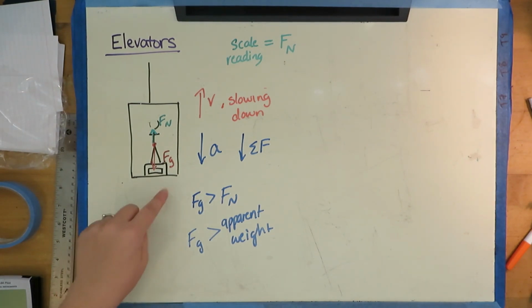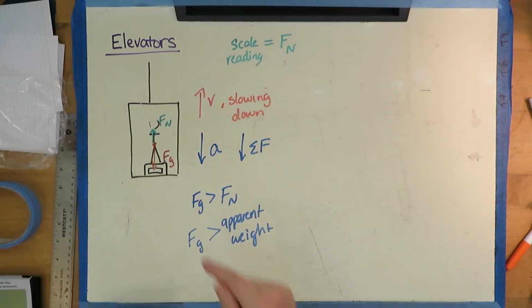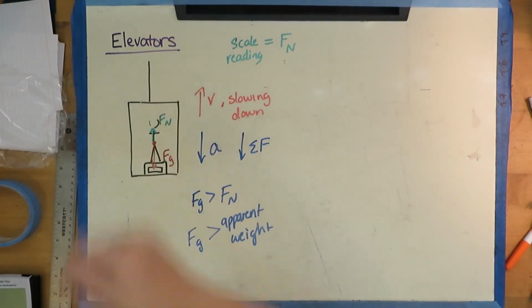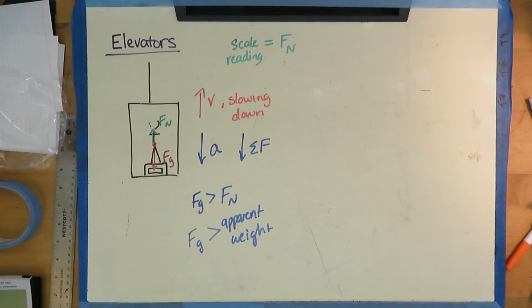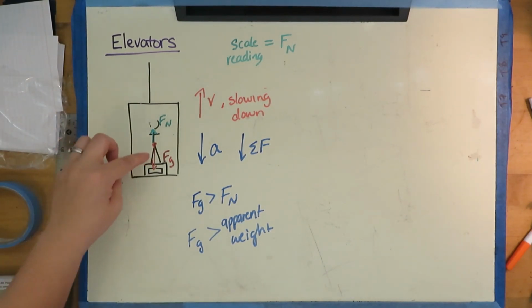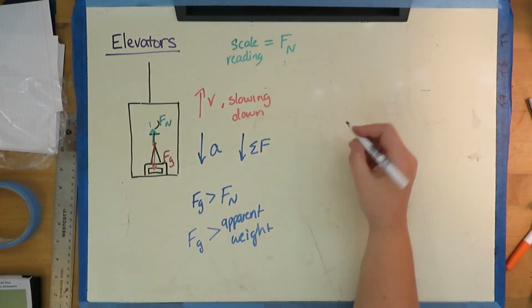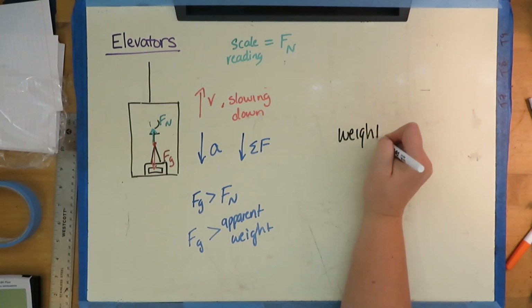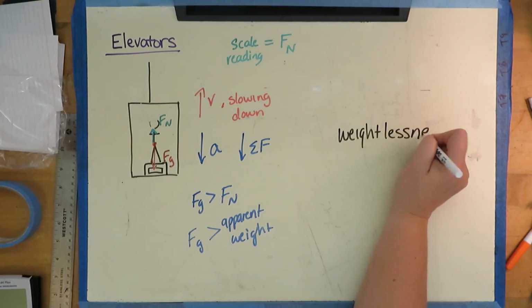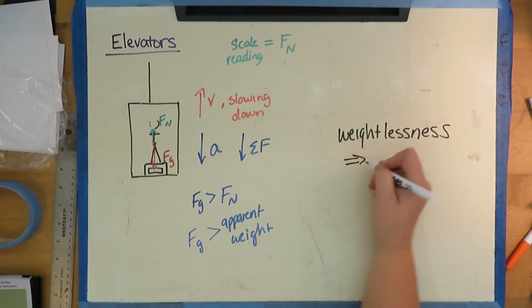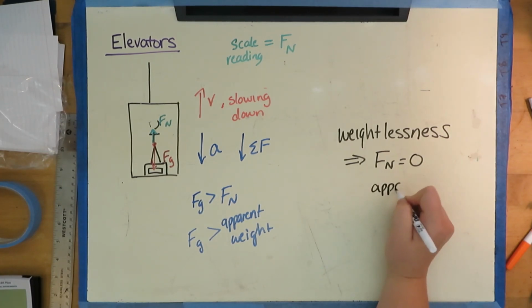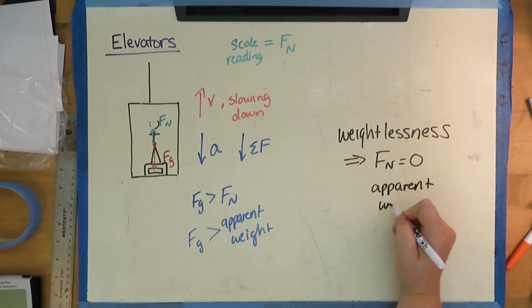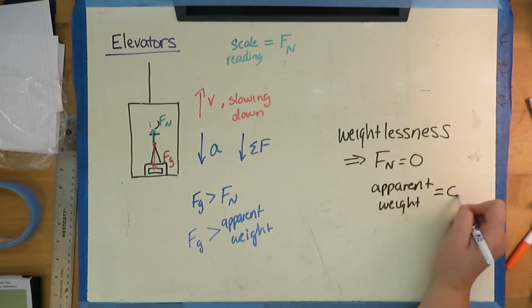And actually, if it slammed on the brakes and the elevator could stop instantly, you would still keep moving up with your momentum, and you would hit the ceiling of the elevator, and you would feel weightless in there, because the feeling of weightlessness comes from when your normal force is equal to 0, because that means your apparent weight, your feeling of weight, is equal to 0.